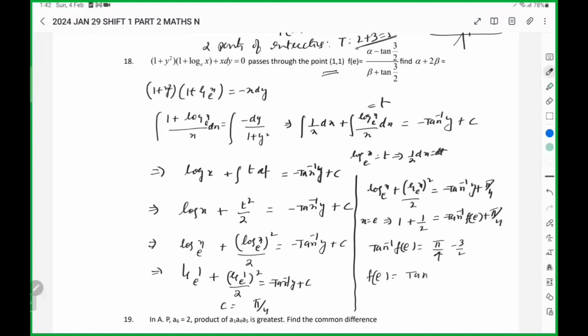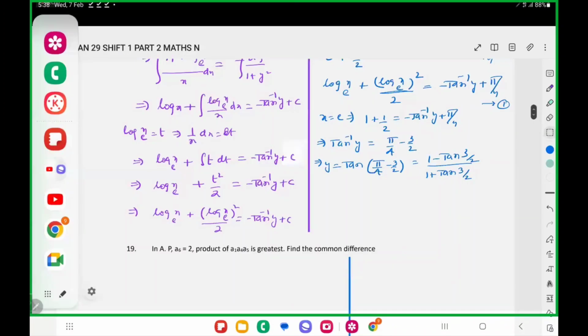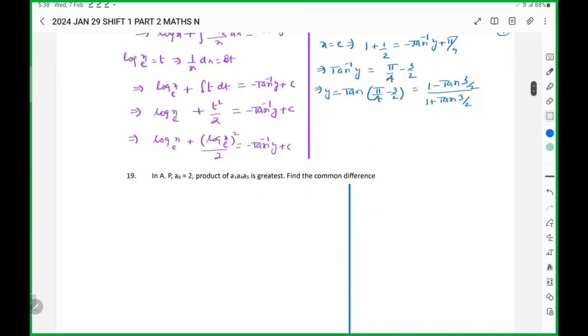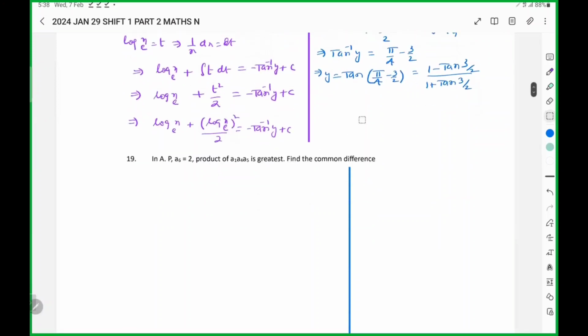F of e is tan of pi by 4 minus 3 by 2, 1 minus tan 3 by 2. Here alpha is 1, beta also 1. He is asking alpha plus 2 beta, that is you get 3.